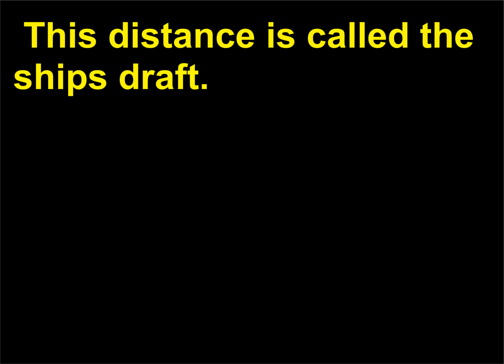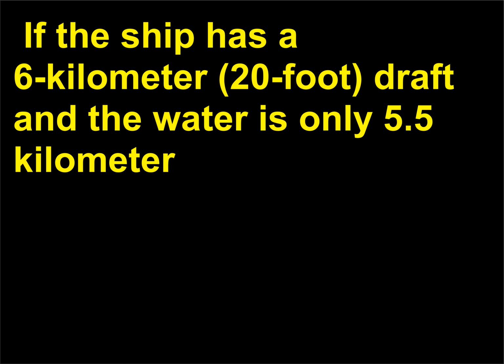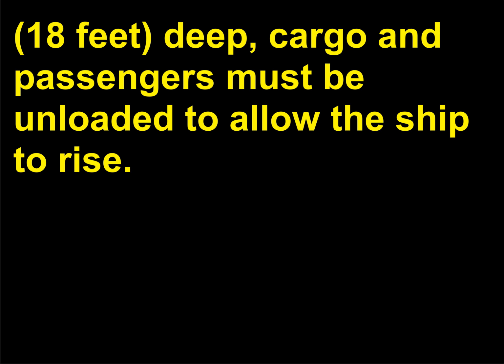This distance is called the ship's draft. If the ship has a 6 m, 20-foot, draft and the water is only 5.5 m, 18 feet, deep, cargo and passengers must be unloaded to allow the ship to rise.